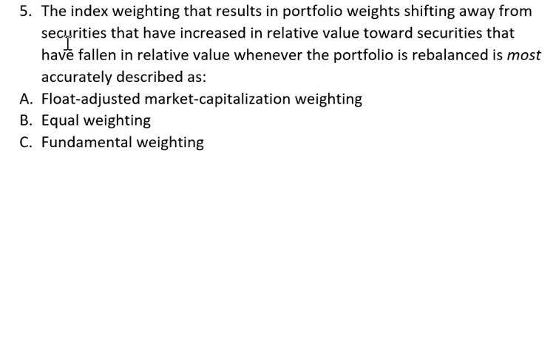Question 5. The index weighting that results in portfolio weights shifting away from securities that have increased in relative value toward securities that have fallen in relative value whenever the portfolio is rebalanced is most accurately described as A. Float-adjusted market capitalization weighting, B. Equal weighting, C. Fundamental weighting.